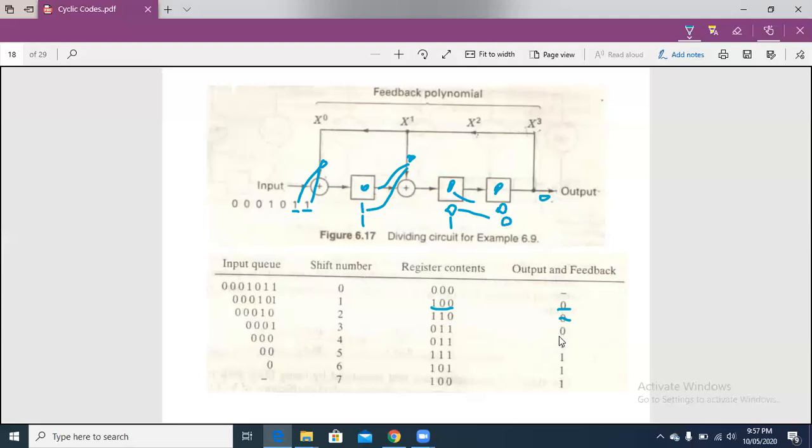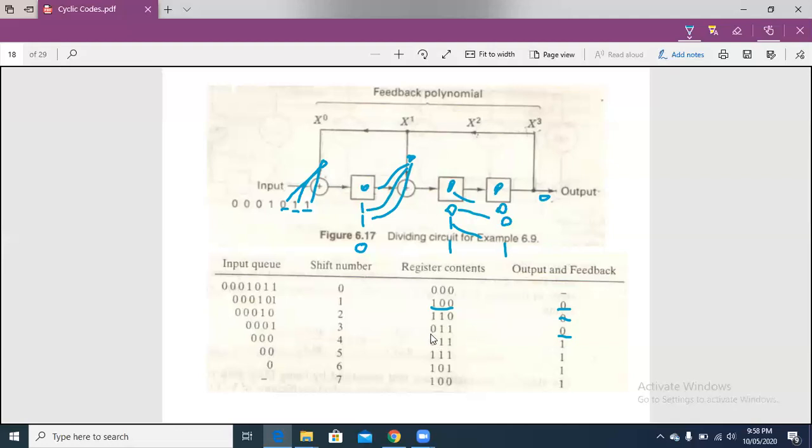Now the output is again 0. So this 0, 0 is fed back here. Now this 0 with this 0 will give us 0 here, and this 0 with this one will give us 1 here, and this one will be shifted here.